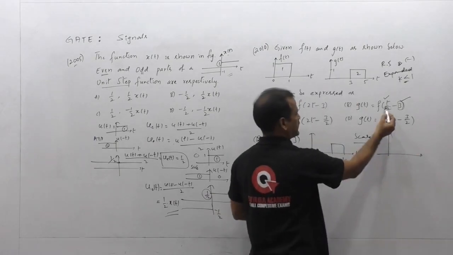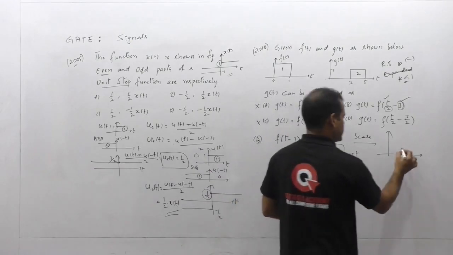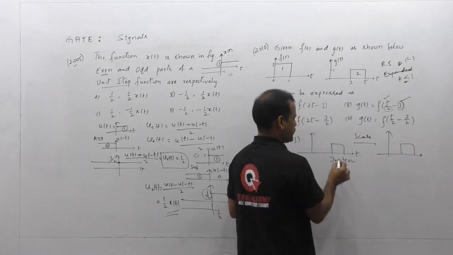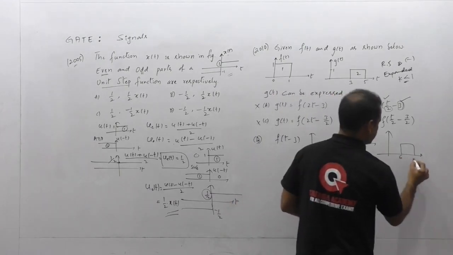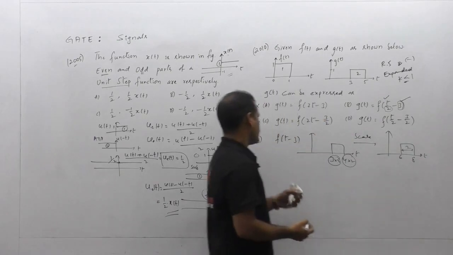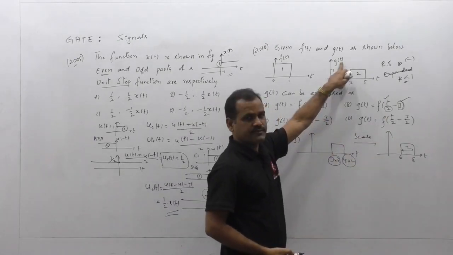In the scaled version, t is divided by 2, so to get the resultant version we need to multiply each instant by 2. So the signal is 6 to 8. This is the signal for option B, which does not match g of t.